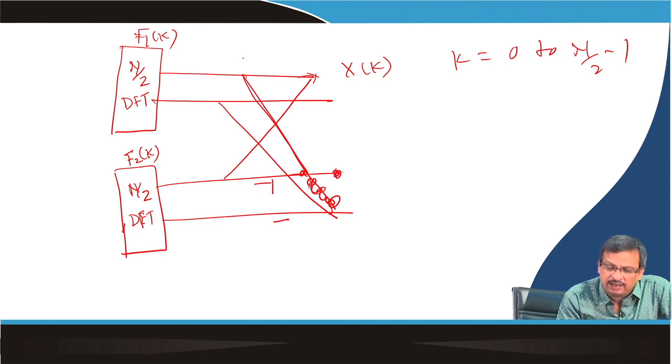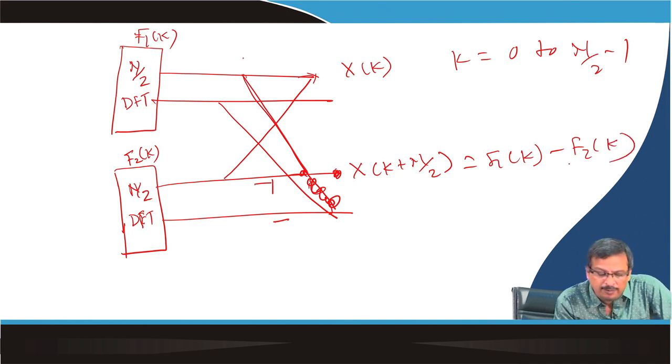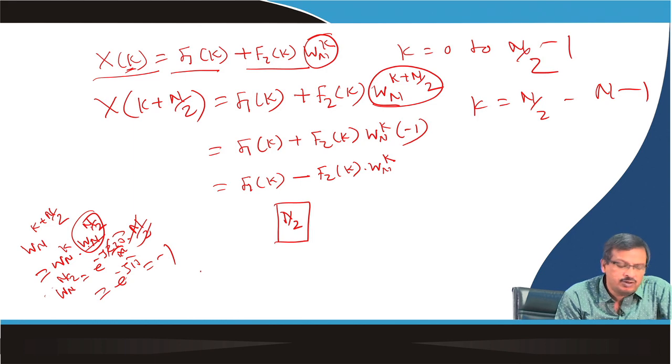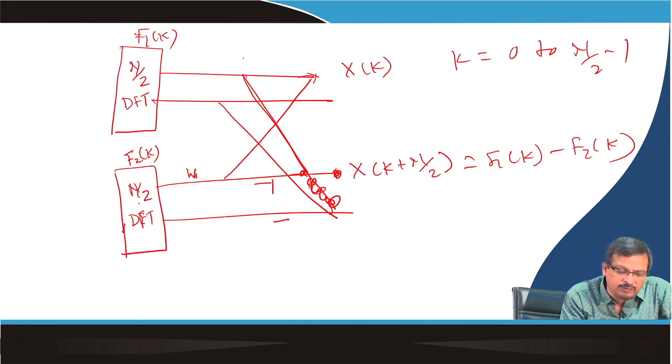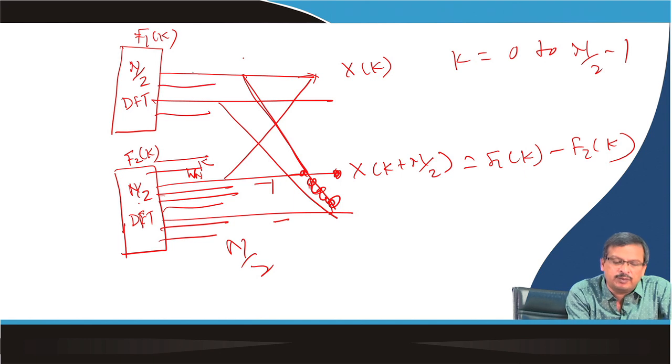This point is X(k plus N/2), which is nothing but F1(k) minus F2(k) multiplied by this. If you see here, F2 is multiplied by W_N^k every time. So, whatever F2(k) is there, N/2 points will be there, N/2 lines will be there, and here will be N/2 lines.